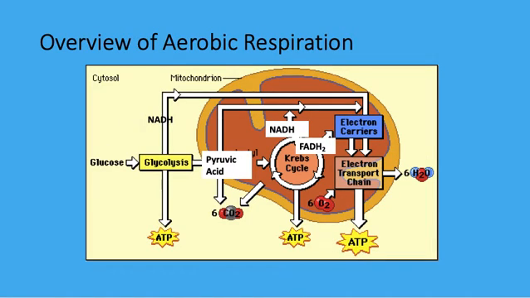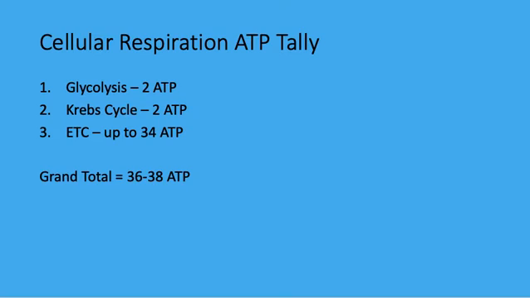When we do our ATP tally, glycolysis gave us 2, the Krebs cycle gave us 2, and the electron transport chain can give us up to 34. That means we get a range of anywhere from 36 to 38 ATP. You don't have to know why we get a range right now. We'll talk about that in higher biology classes. You just need to know that it can vary a little bit.